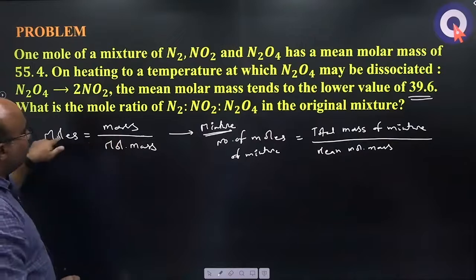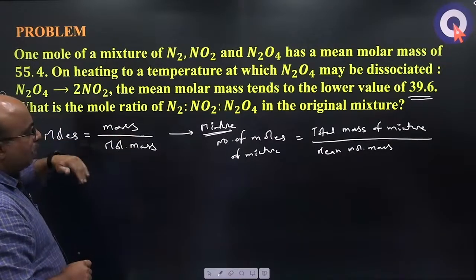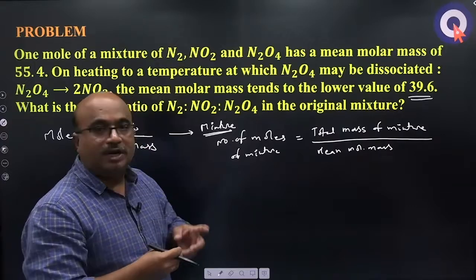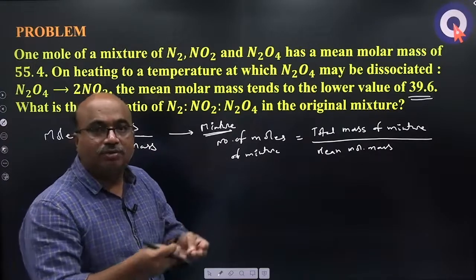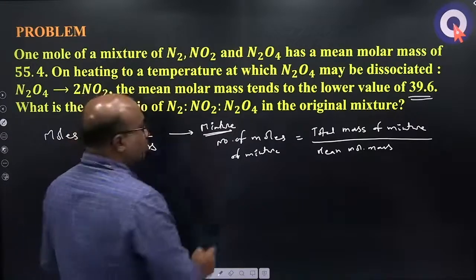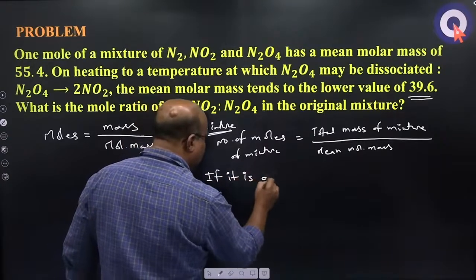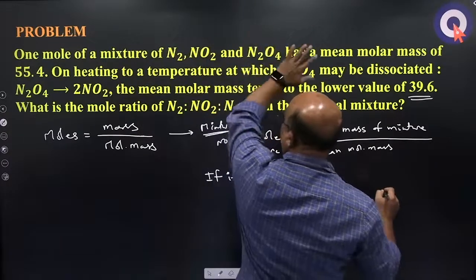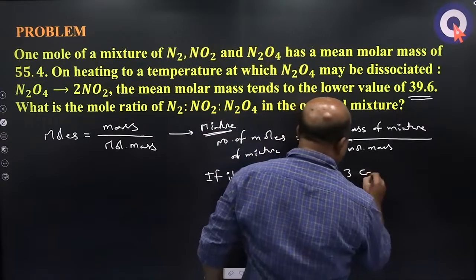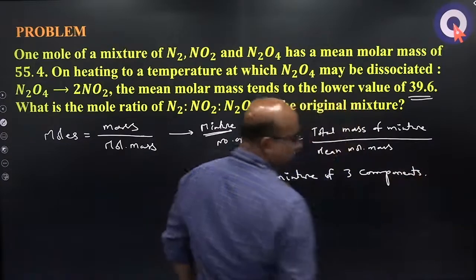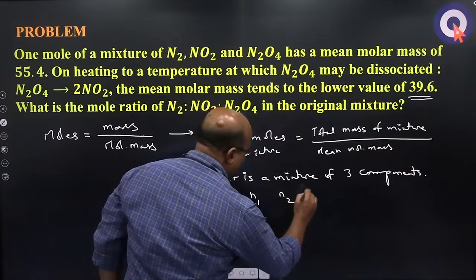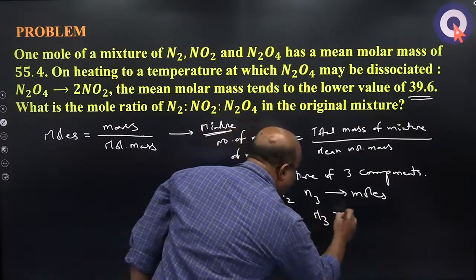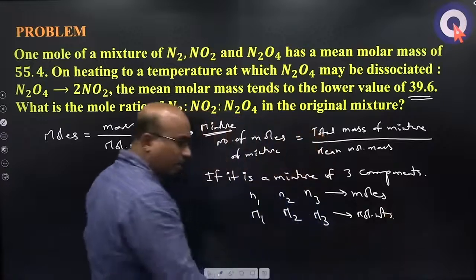Moles into molecular mass will always give the mass of that compound. If the mixture is a 2 component system, the number of moles of the first component is N1 and its molecular weight is M1, and the second is N2 with molecular mass M2. Let us take a mixture of 3 components, N2, NO2 and N2O4, with N1, N2, N3 as moles and M1, M2, M3 as molecular masses.